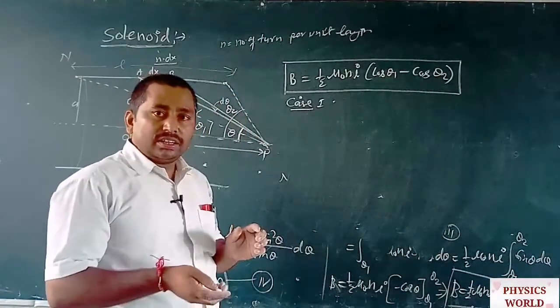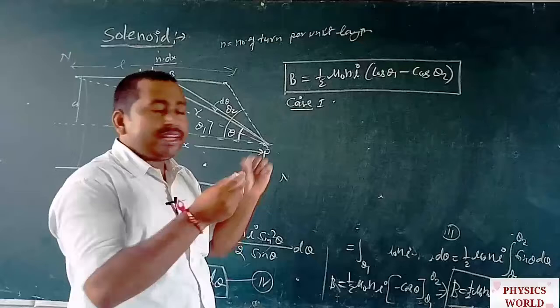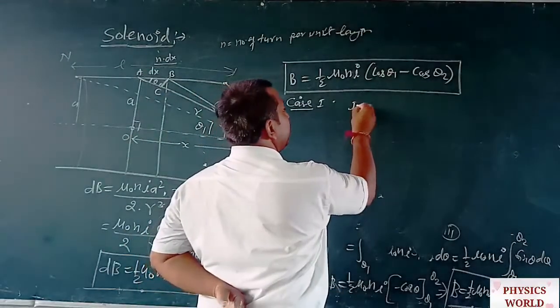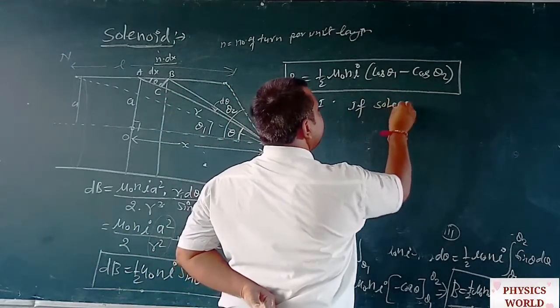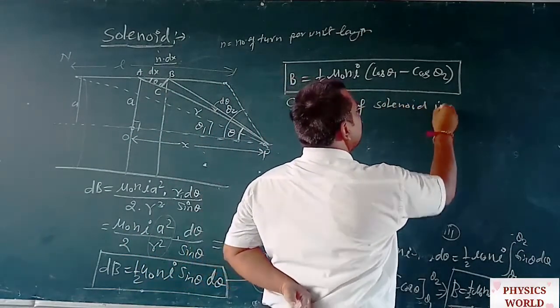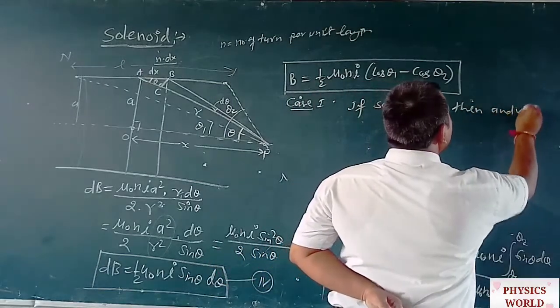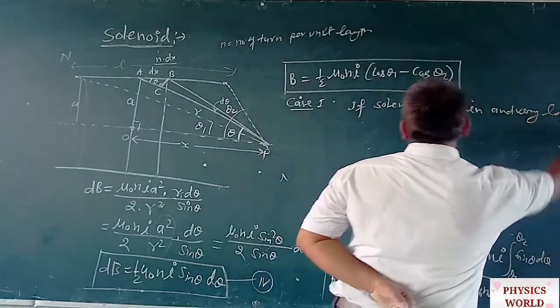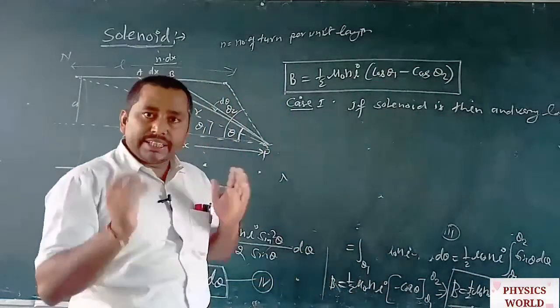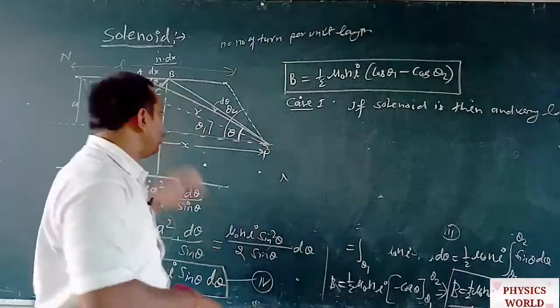It means a thin and very long solenoid. If the solenoid is thin and very long, then the magnetic field at any point just inside the solenoid.